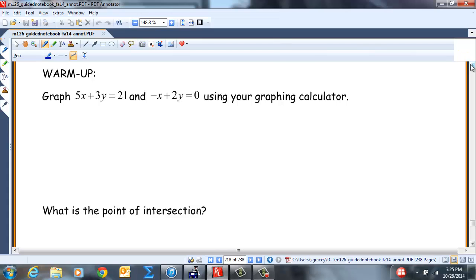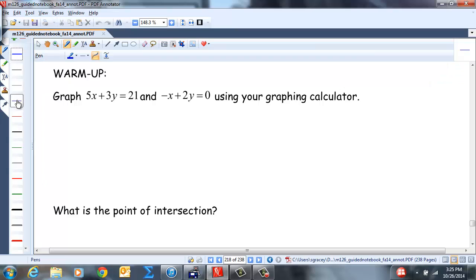Okay, so for this one, using the graphing calculator, we're going to need to isolate y in each of the equations. So 5x plus 3y equal to 21. We would have 3y is equal to negative 5x plus 21, subtracting 5x from both sides, and then dividing both sides by 3.